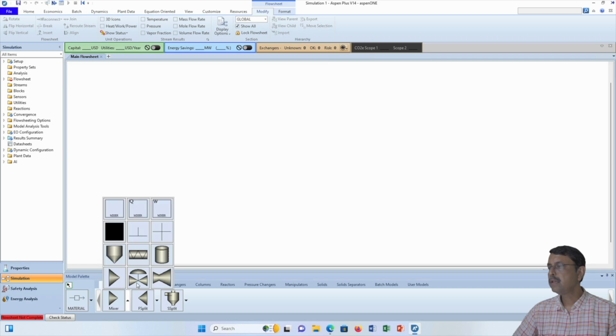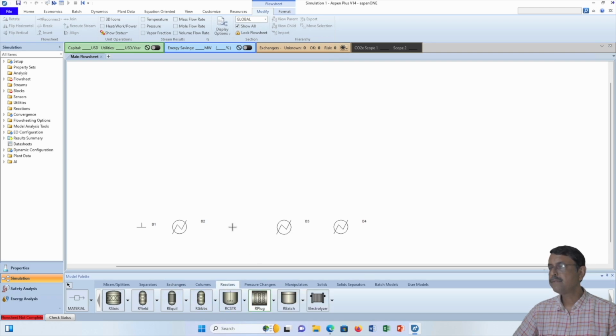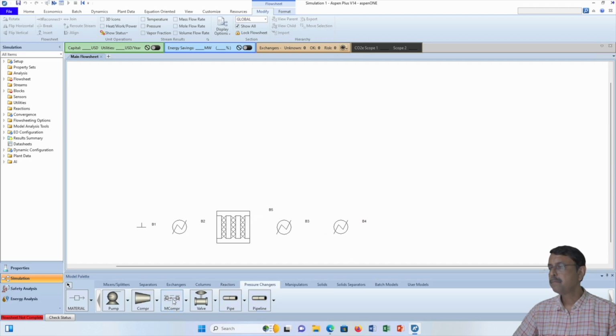So first we will use a mixer over here. Then we will use a heater, and the same heater we will use twice over here because we have to use them as coolers. In between we have to use a PFR, and then we have a multi-stage compressor. So these are the things that we will need.